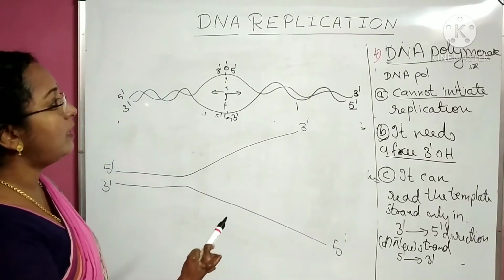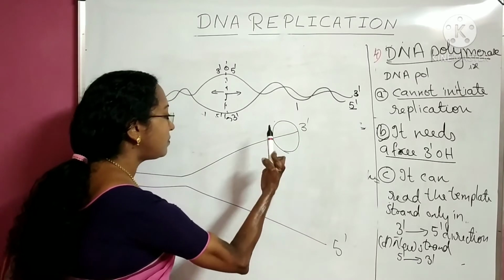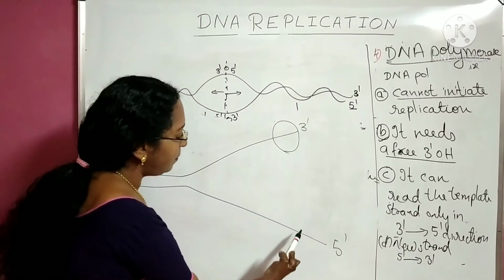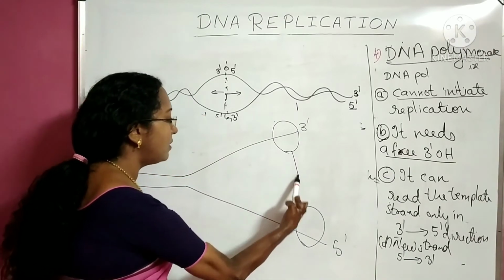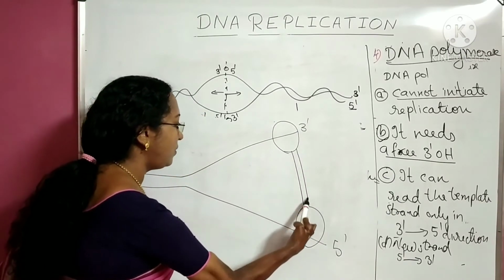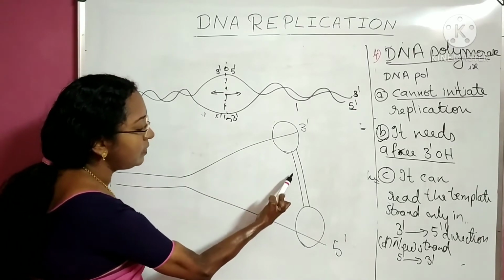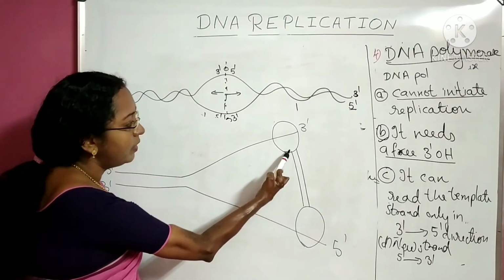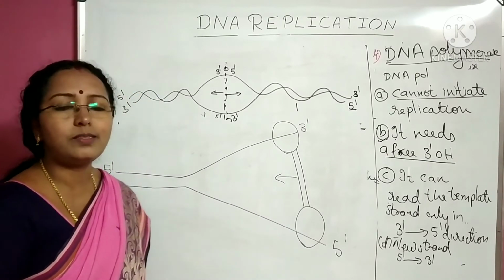Now where is my DNA polymerase? DNA polymerase is here, and the other part of the DNA polymerase is here also. So always these will be together. And always these two will proceed from which direction? From the open end of the fork towards the closed end.